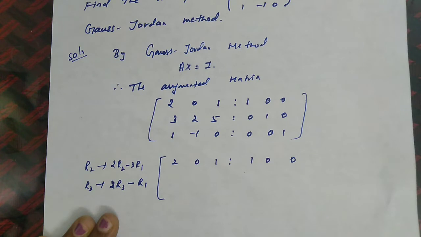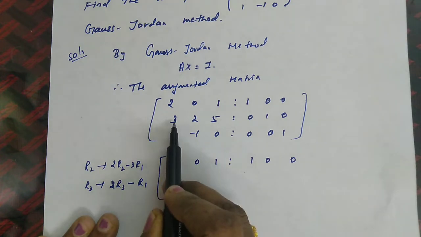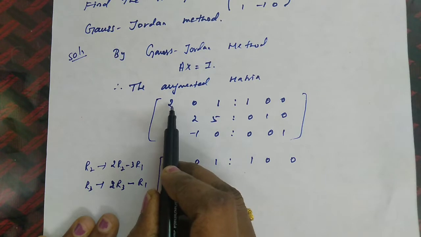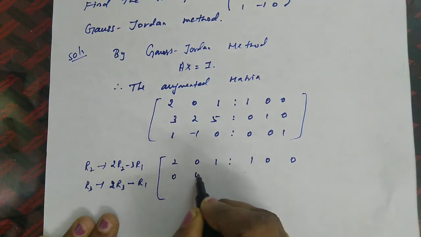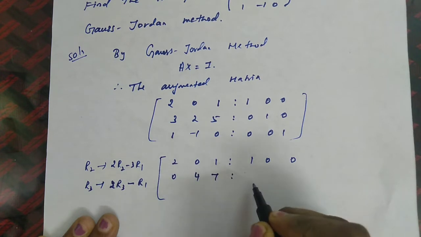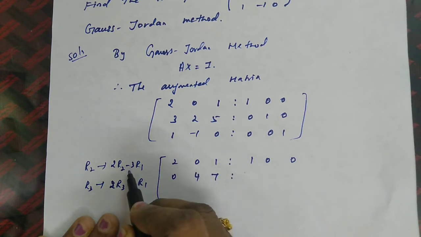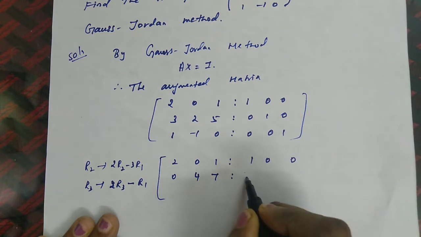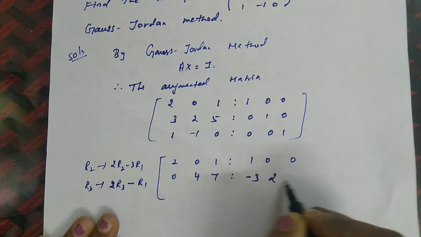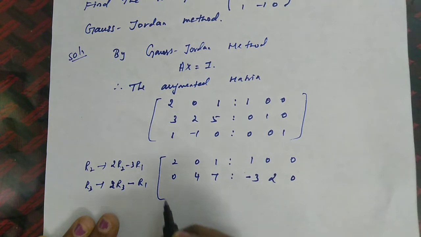In R2 we are making 2R2, so this place becomes 6, and here it is 6. So 6 minus 6 we get 0, and in this place 4, and here it is 7. Whatever operation we are doing, we have to apply to the unit matrix also. So here we get -3 2 0. In the same manner for the last one, 2R3 minus R1.